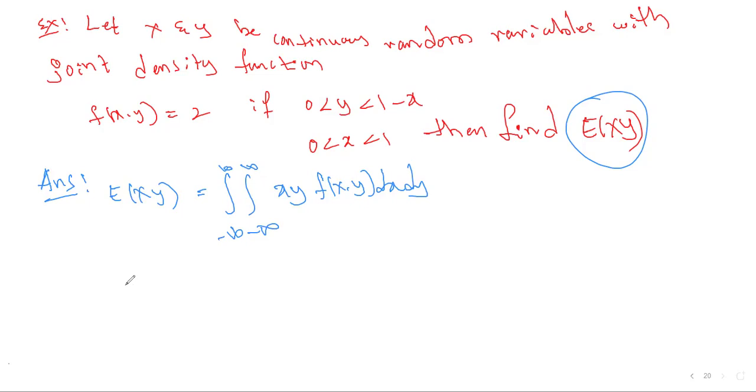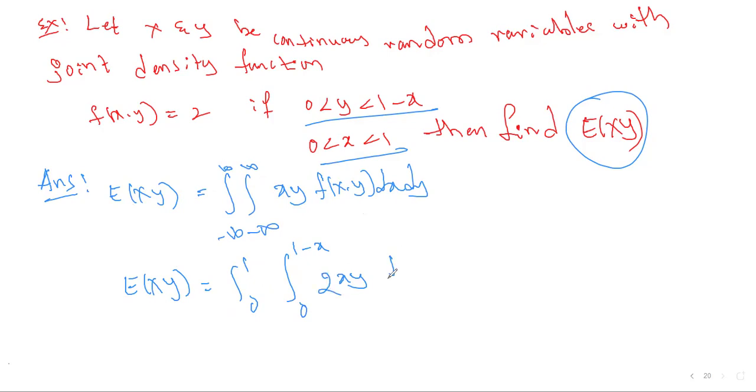This is the formula. Here, instead of minus infinity to infinity, they mention some limits. First 0 to 1, and one more limit is 0 to 1 minus x, right? So here xy f of x, y is 2, so 2xy dx dy, right?